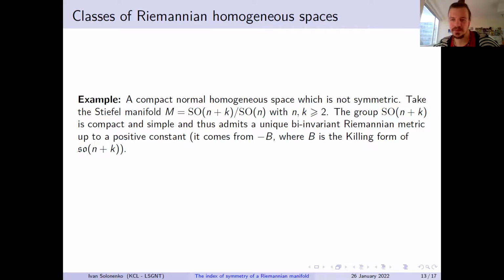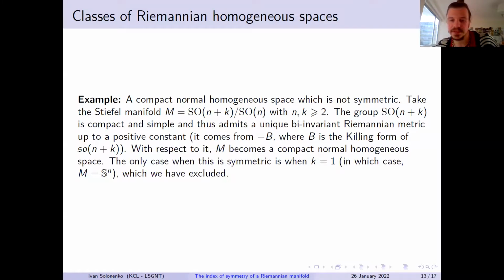Then this SO(n+k) is a compact and simple Lie group. Therefore, it admits a unique bi-invariant Riemannian metric up to a positive constant. And it comes from nothing else but minus the Killing form on the Lie algebra so(n+k). Okay, so you have G mod K, where G admits a bi-invariant, pretty much unique Riemannian metric. So its quotient, G mod K, is a compact normal homogeneous space by definition.